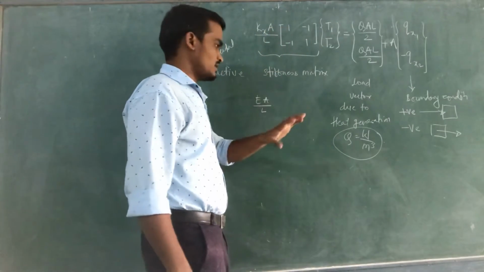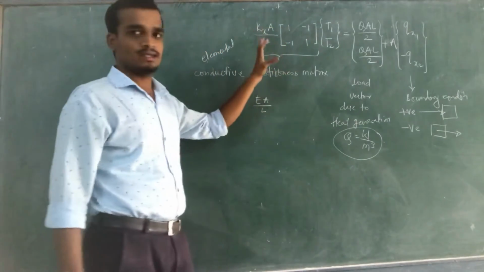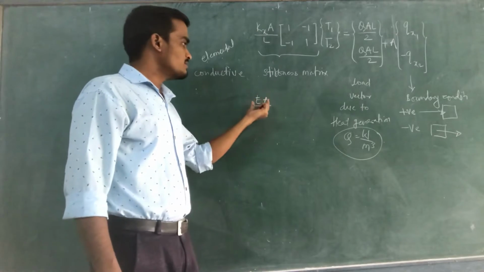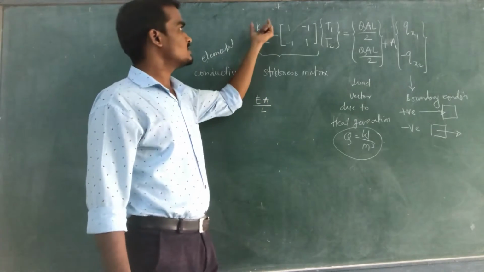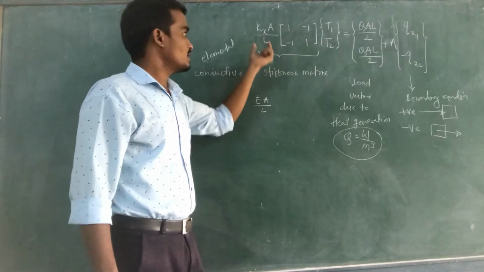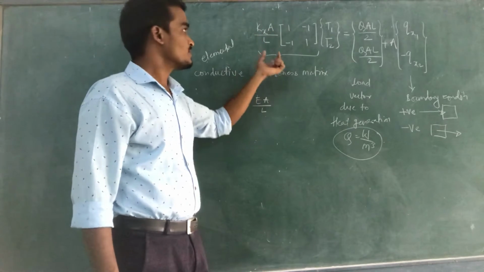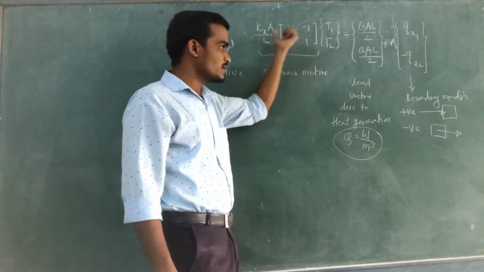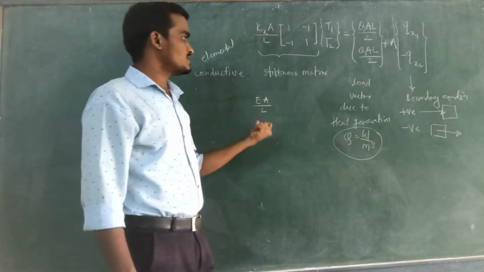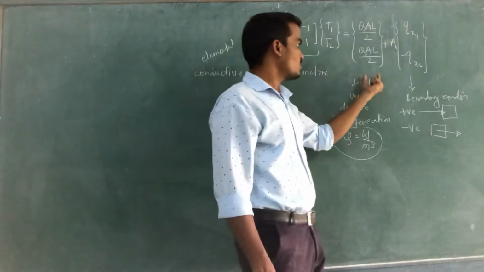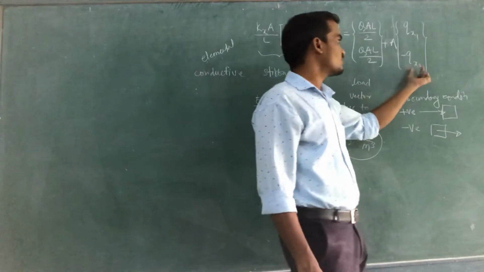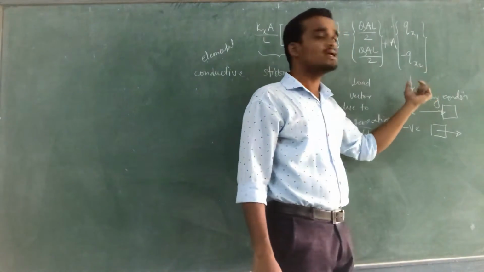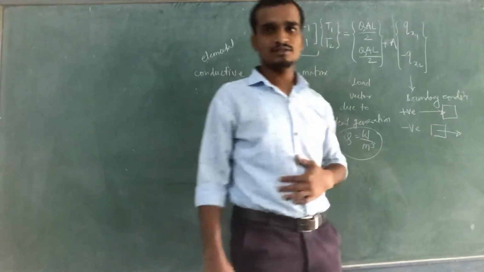There is no other reason; similar to EA by L, we can write Kx into A by L. So Kx into A divided by L into [1 -1; -1 1]. This is your elemental conductance stiffness matrix, this is your load vector due to heat generation rate, and this is your load vector or boundary condition due to the heat flux going in and going outside the surface.